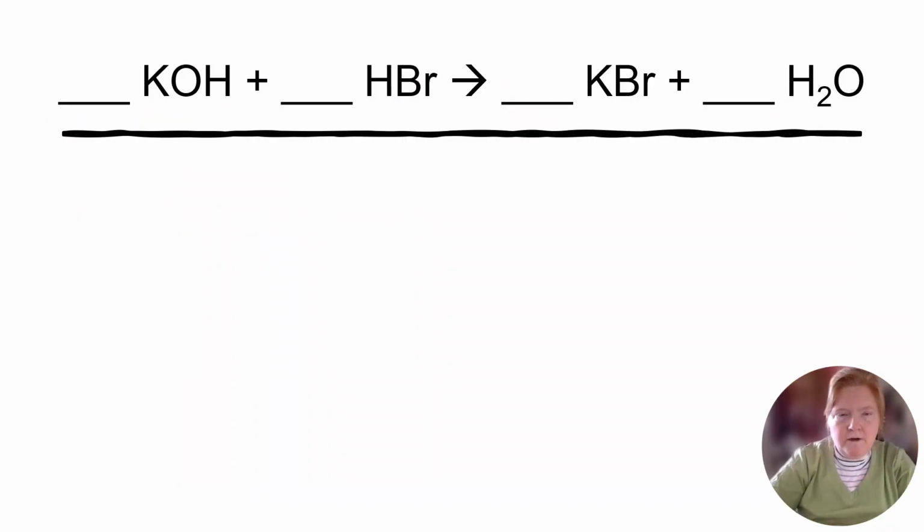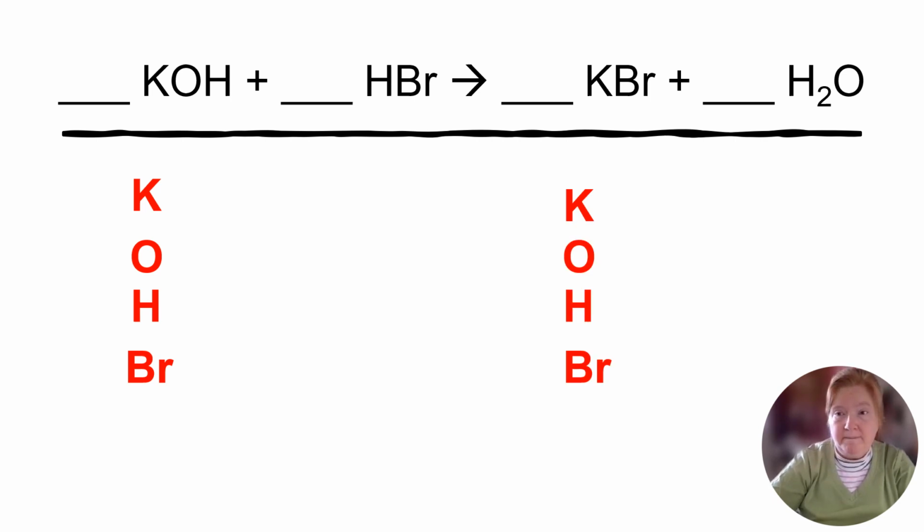All right, so here we have potassium, oxygen, and hydrogen, and bromine on both sides, right? Now let's count how many we have. So we have 1 potassium, 1 oxygen. I have 1 plus 1 for hydrogen, right? So that's 2.